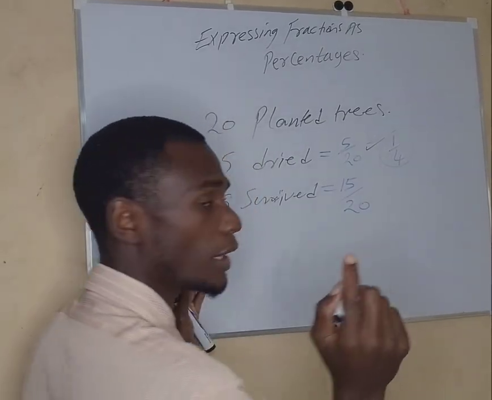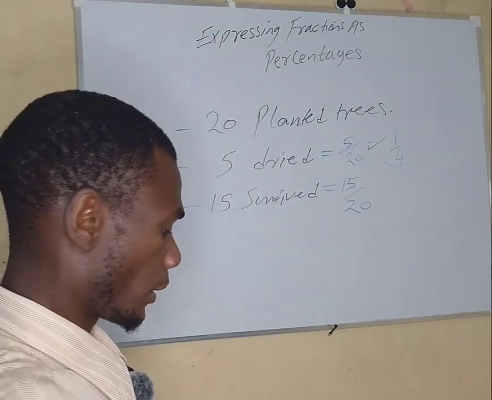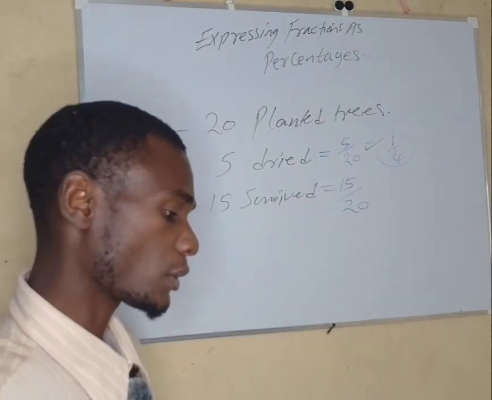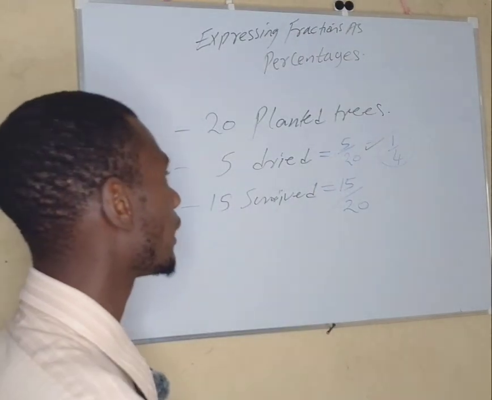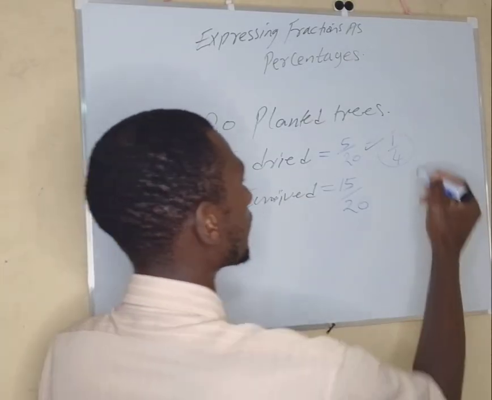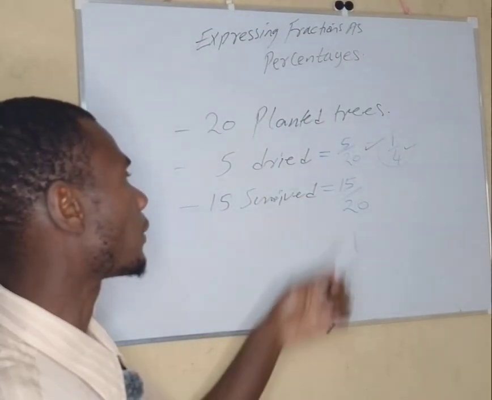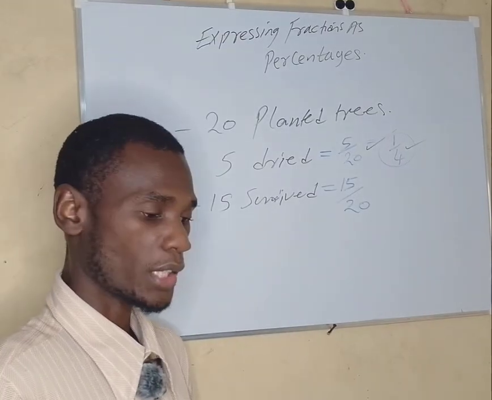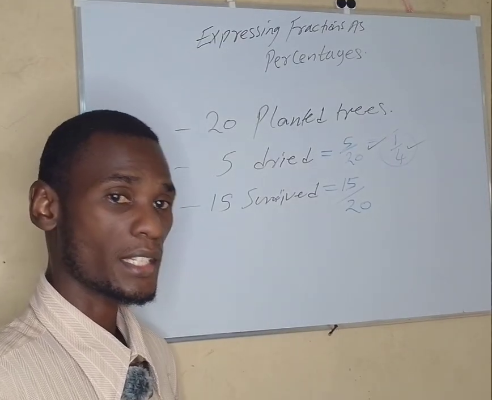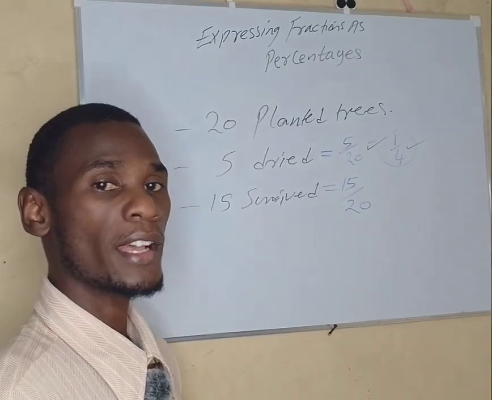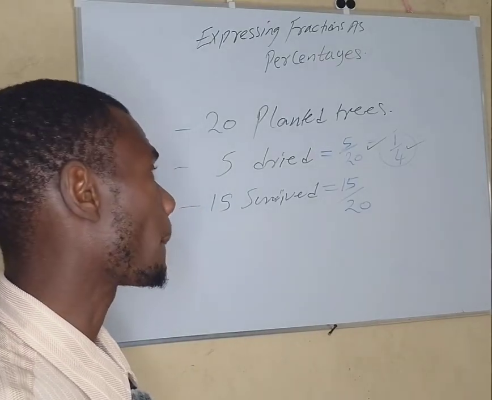So in terms of fraction, if you are told to express, like in this case it is asking what fraction of the seedlings dried, then the best answer there should be 1 over 4. Don't be in a hurry to write 5 over 20. Then you go through your choices and you realize that it is not there. Then you ask the teacher, the answer is not there. The answer is there.